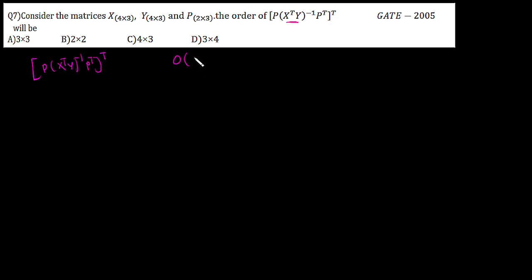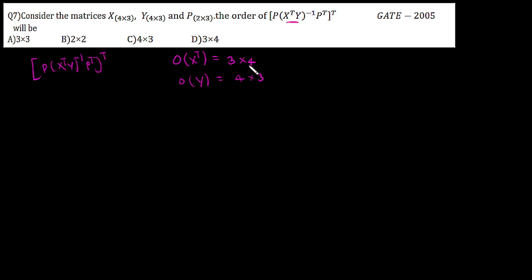So order of X transpose, I have to just flip these entries 4 and 3, so I can write 3 cross 4, and the order of this Y matrix is simply 4 cross 3. So now I have to find the order of the multiplication of this transpose with this one.